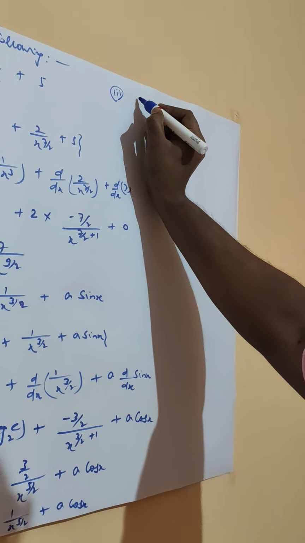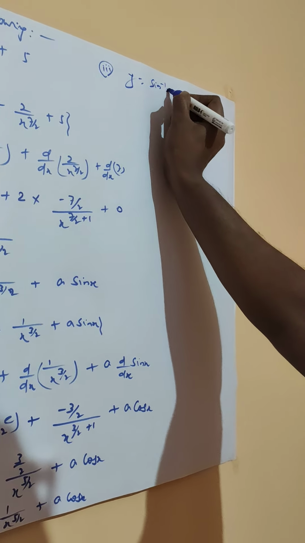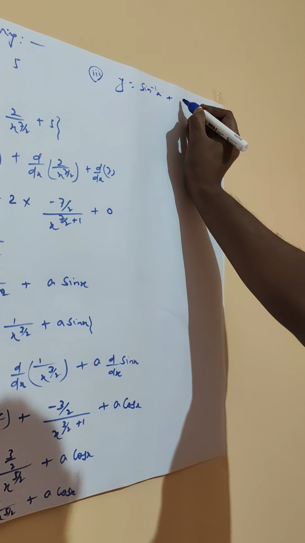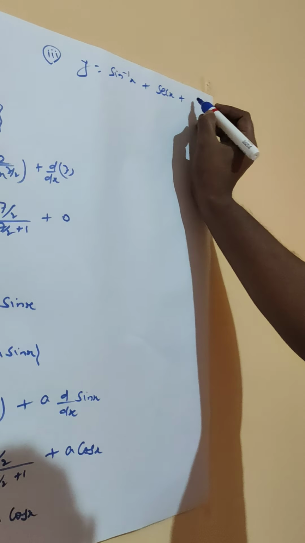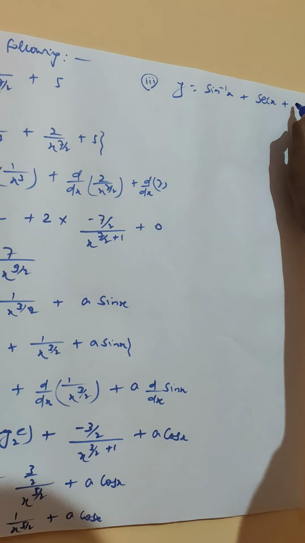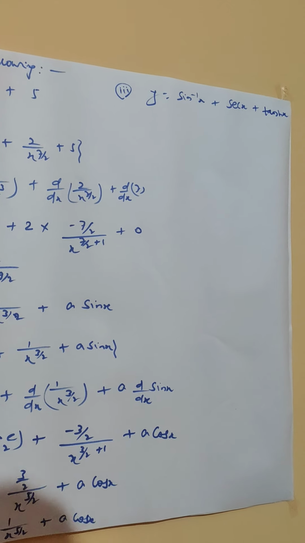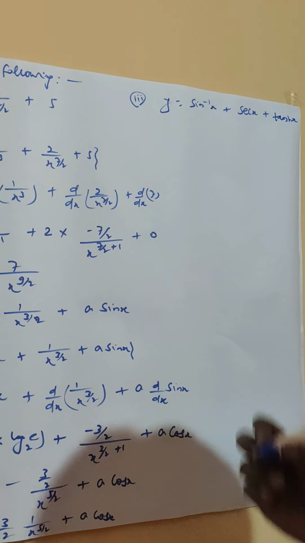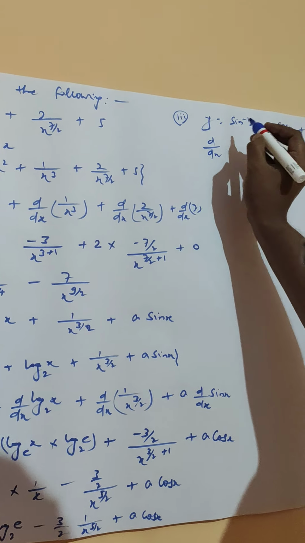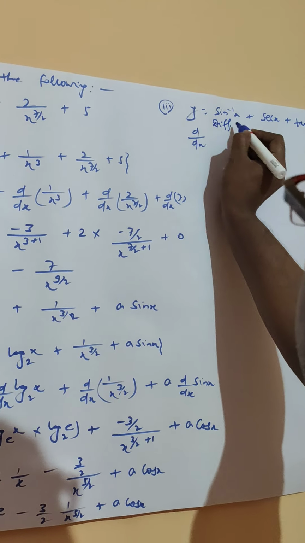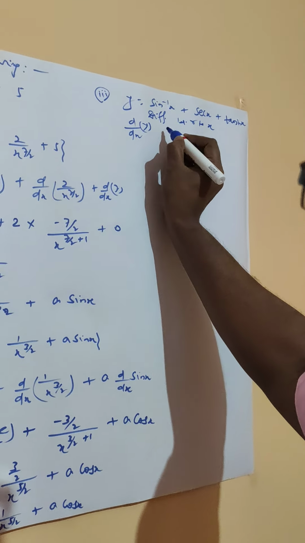Now y is given as sin inverse x, sec x, plus tan hyperbolic x. Similarly, we differentiate with respect to x, dy by dx.